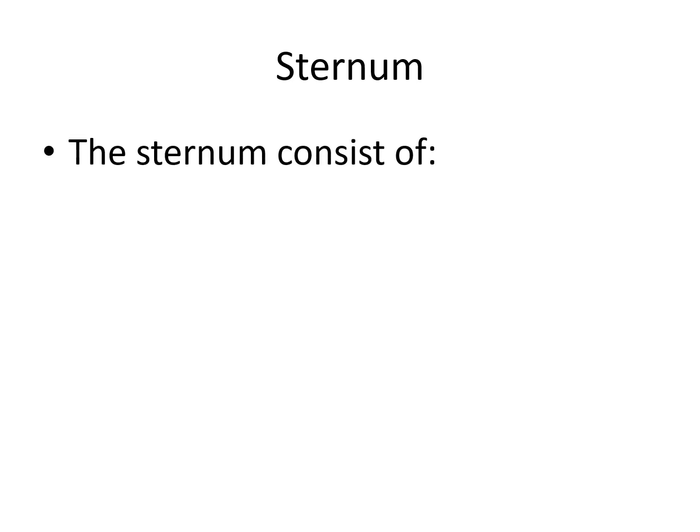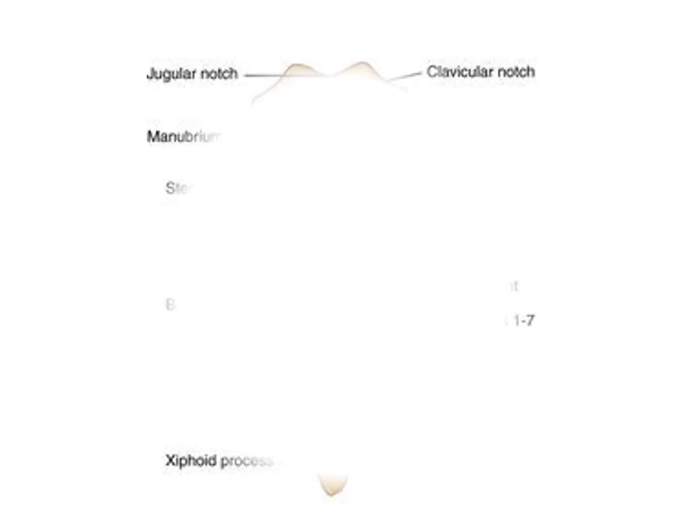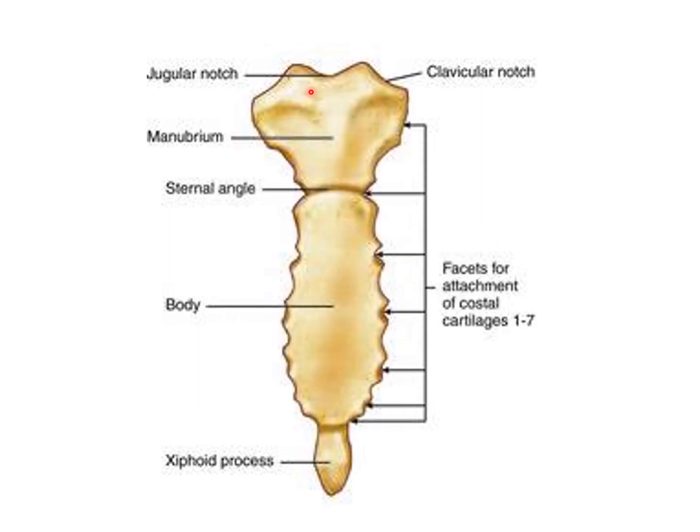Let us talk about the sternum. The sternum has three parts: the manubrium, the body, and the xiphoid process. And they are joined by joints.